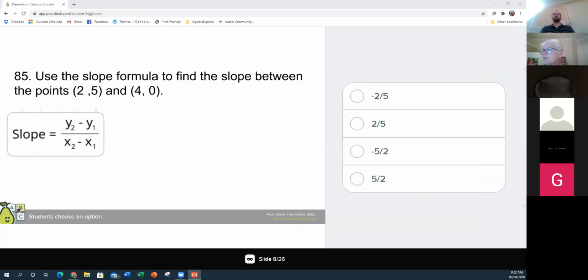So use the slope formula to find the slope between these points. Number 85 on the homework. So hopefully you're all working along with me, so you'll have your homework completed by the end of the class.